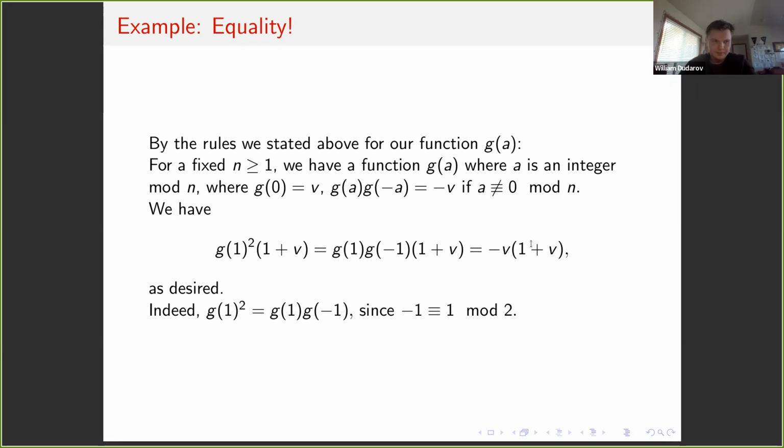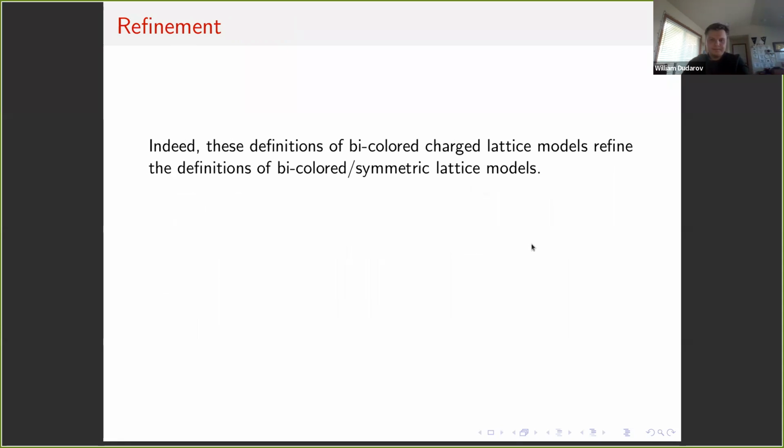So that's just one example of this matching. Hopefully, there exists a bijection between gamma and delta bicolored charged lattice model states. We have to talk a little bit about refinement.